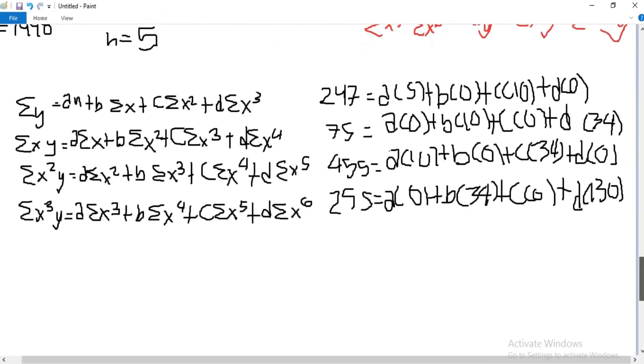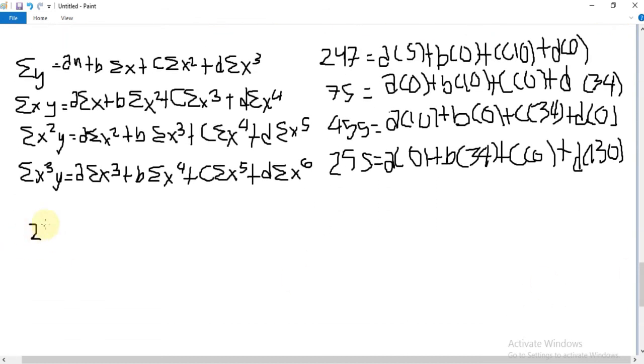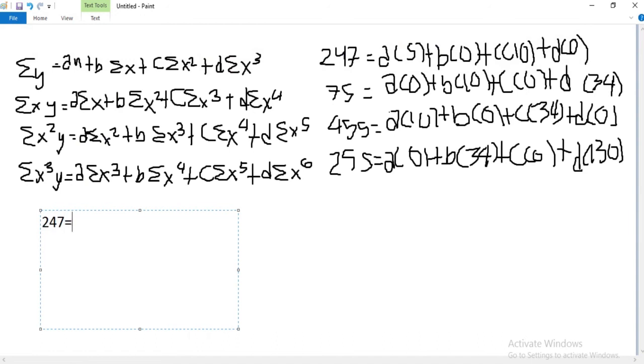So what now, guys? Let's simplify. I'll type it here. 247 equals 5a plus 0b plus 10c plus 0d. 75 equals 0a plus 10b plus 0c plus 34d. Next, 455 equals 10a plus 0b plus 34c plus 0d.